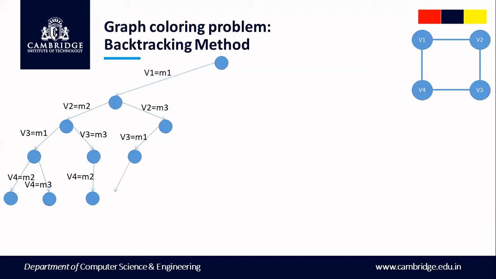If it is having M1, then V4 can have two options because V1 is also M1 and V3 is also M1, two neighbors. So V4 can have the option of either M2 or M3.